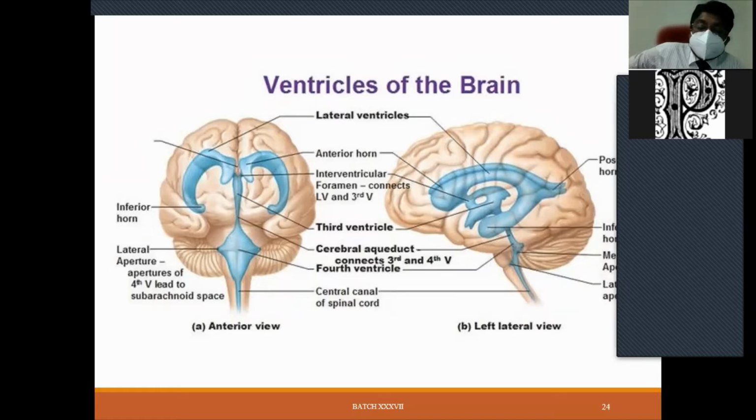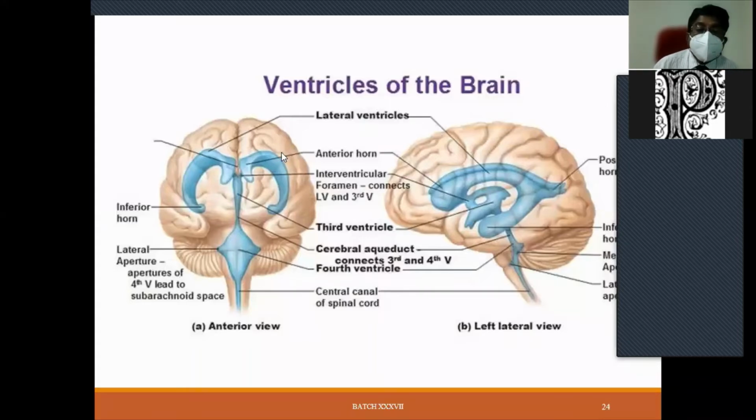Like what you see in bulls, right? A kind of protrusion.